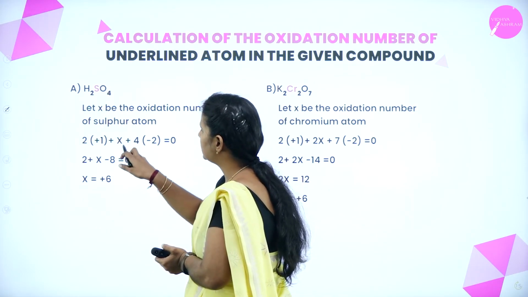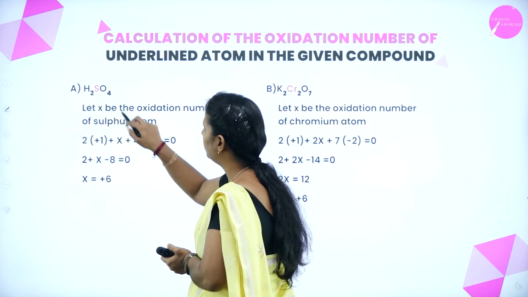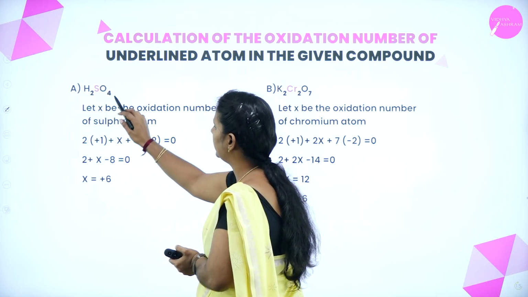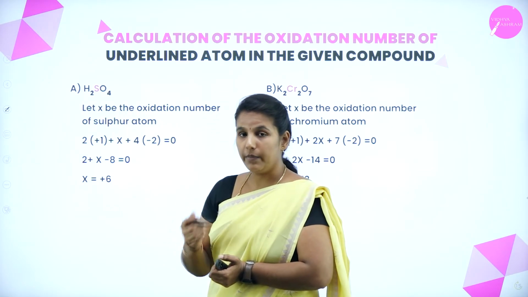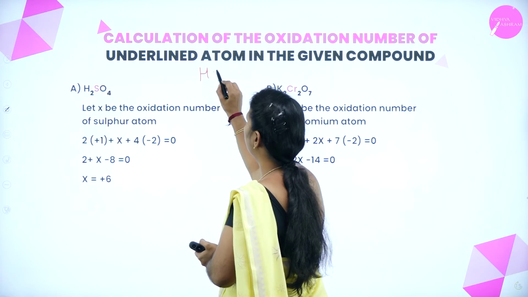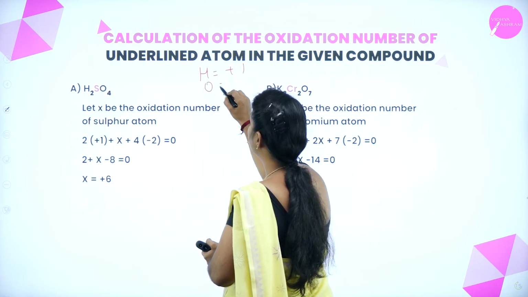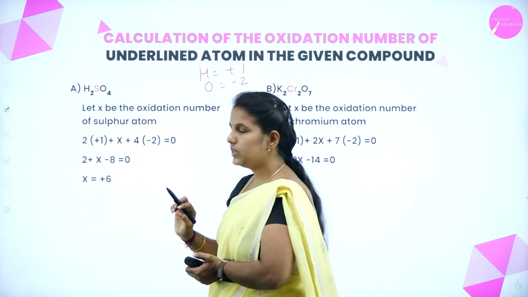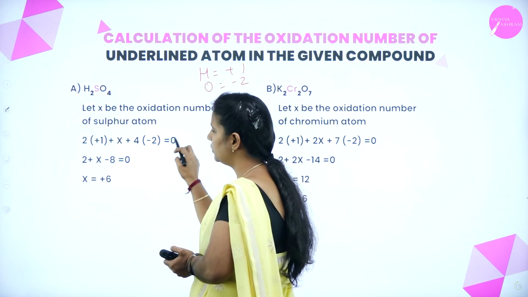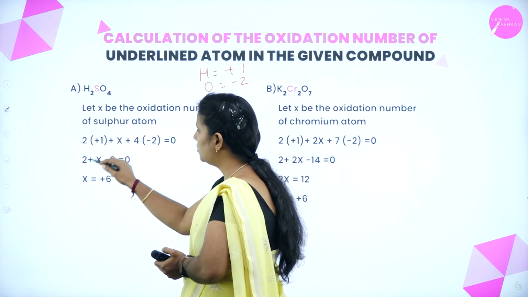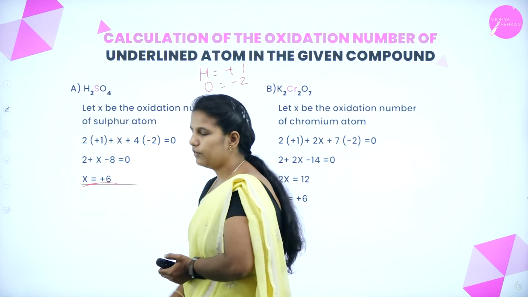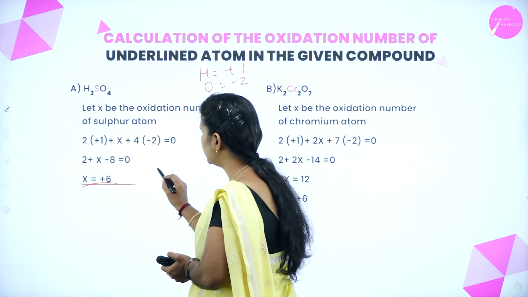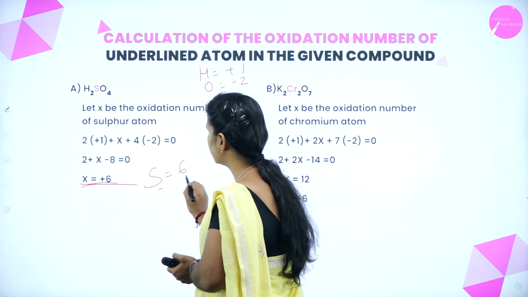Plus x, plus 4 oxygen atoms, 4 times -2. Why -2? Because we have already understood that for hydrogen it is +1 and for oxygen it is -2. So 2 plus x minus 8 is equal to 0, and the value of x is 6. So the oxidation number of sulfur is 6.